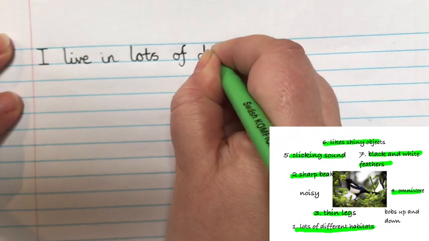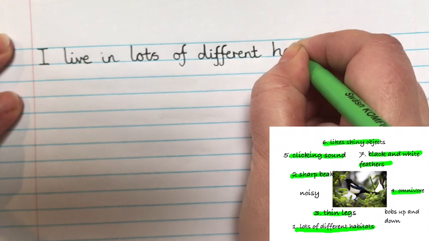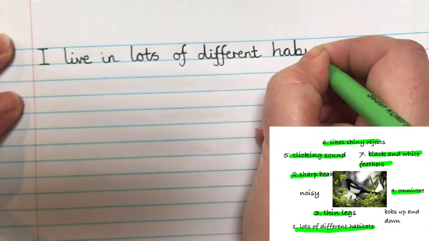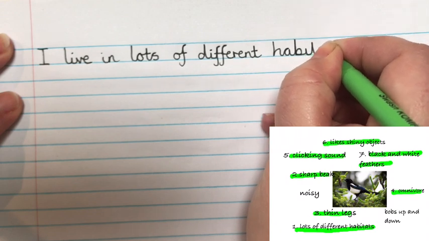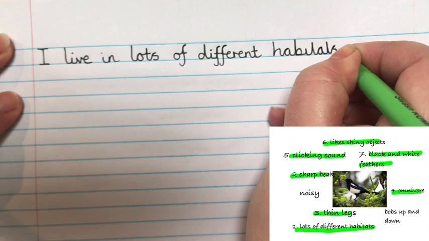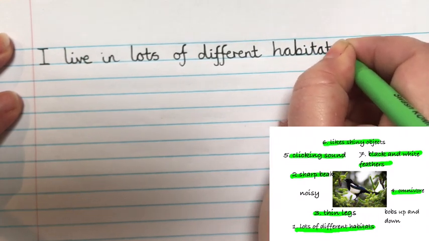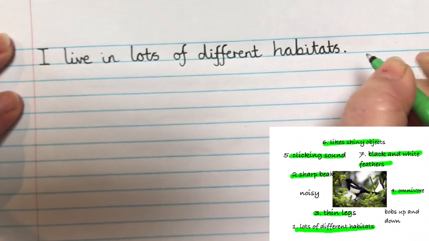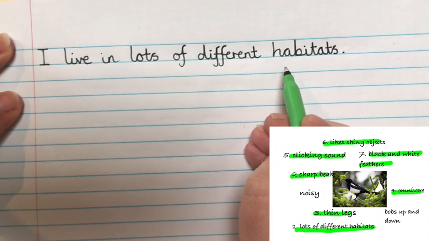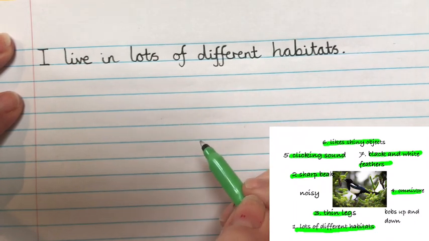Go back and dot my I, habitats, at, and the S on the end. It's not just one habitat, it's lots of different habitats. There we go, and I've got my expanded noun phrase. I live in lots of habitats. They're different habitats. They're not the same. There's my first clue.